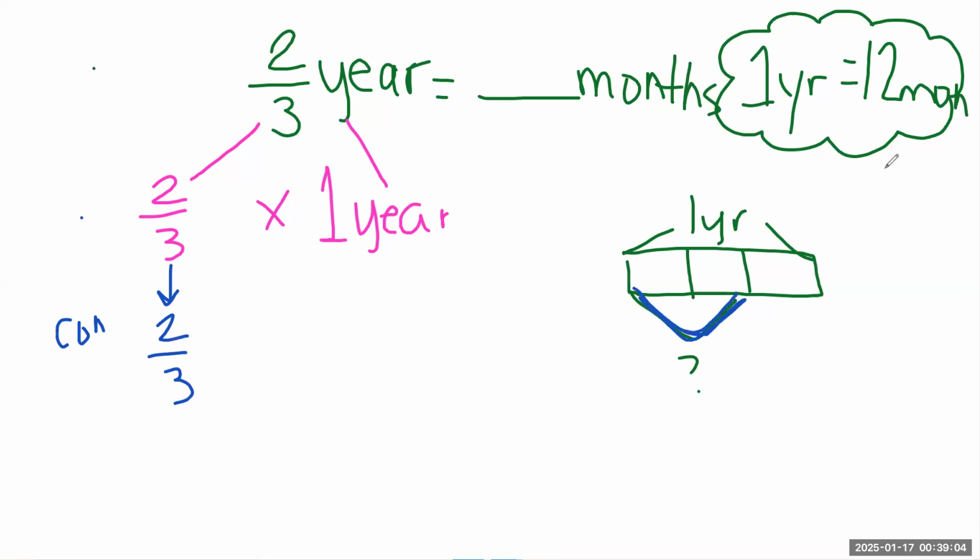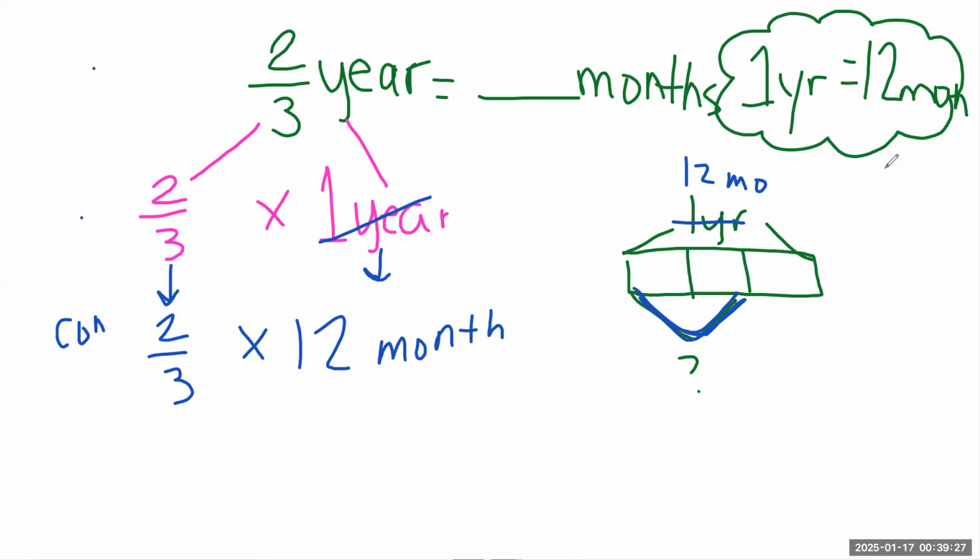I'm still talking about this piece right here. But I don't want my units in years. I want it in months. So I'm going to change 1 year. And instead of talking about it as a year, I'm going to talk about it as 12 months. Okay. There's another step.